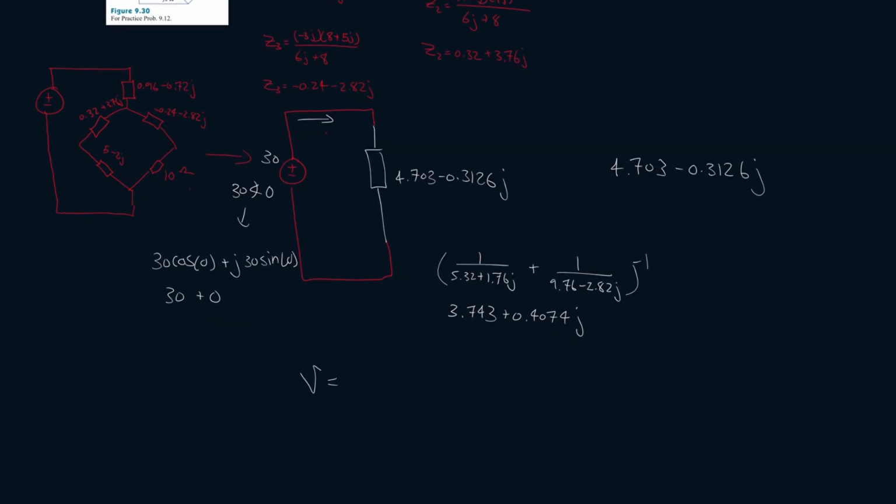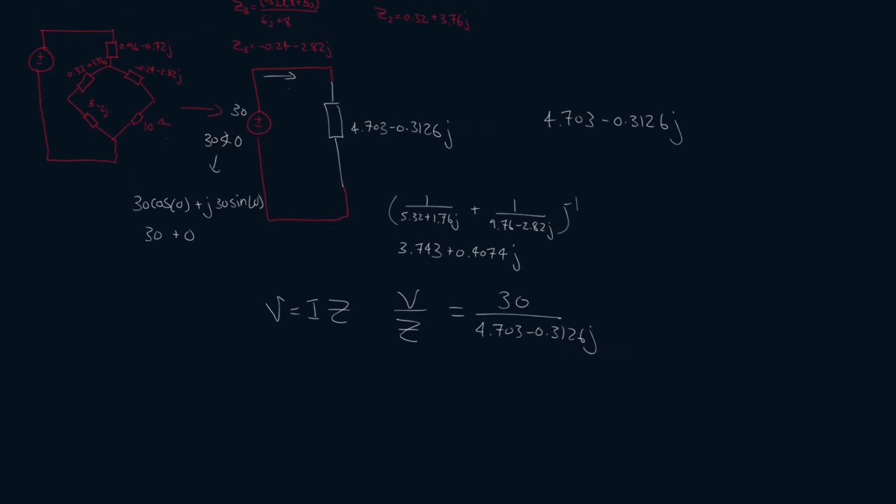Now we know V is equal to I times the impedance. So I is V over impedance, that's 30 over 4.703 minus 0.3126j. That gives 6.3508 plus 0.42213j.